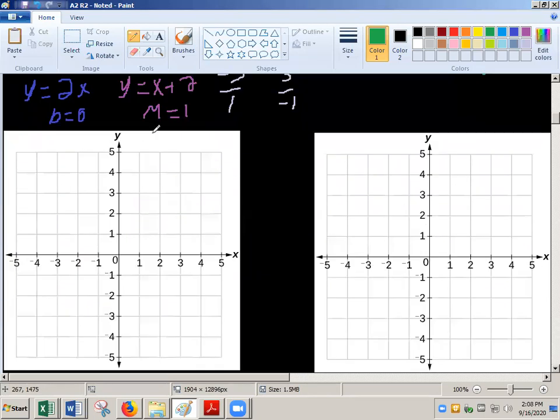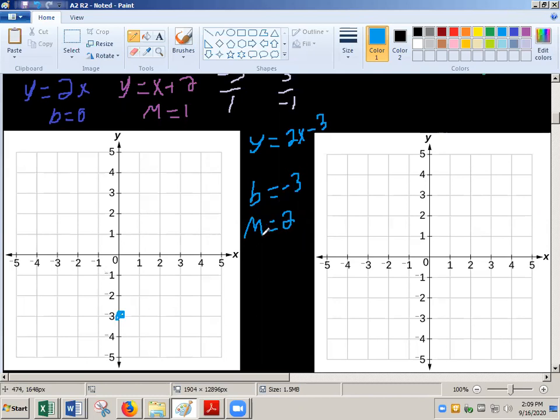So we'll just make up one more example here. Say y equals 2x minus 3. My b value is my -3. My slope m value is 2. So it means I'm going to start at -3.